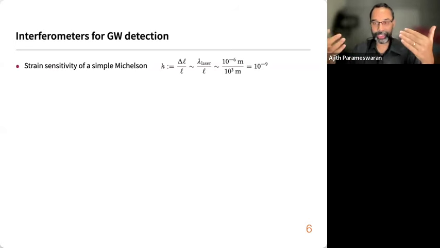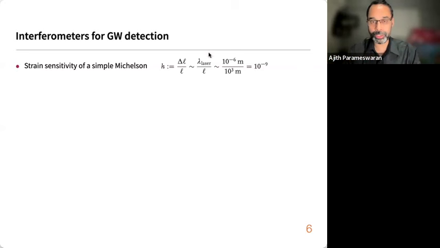So what is the typical strain that a simple interferometer can measure, like in a tabletop interferometer? So the strain is delta L by L, and the delta L that you can measure using a typical tabletop interferometer is of order the wavelength of the laser, which if you have an infrared or optical laser, has a wavelength of something like 10 to the minus 6 meter, a micrometer.